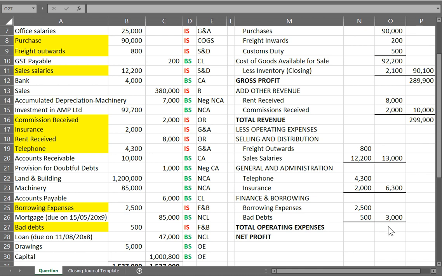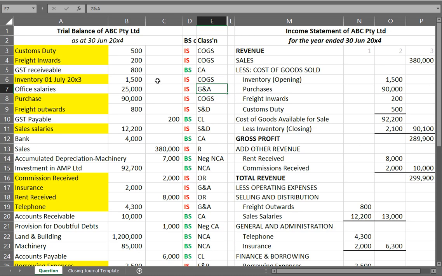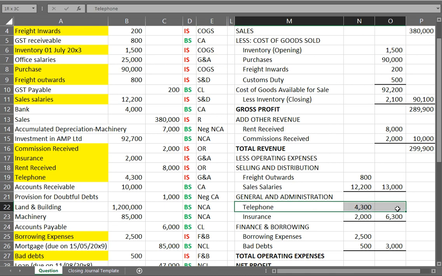But before we do the total operating expense, let's just make sure that we've done all of the expenses. This one, done. Oh, look at this. We left out, or I left out, office salaries. So see how useful it is to tick things off on the list? Now that's general and admin, so we'll have to add it over here.